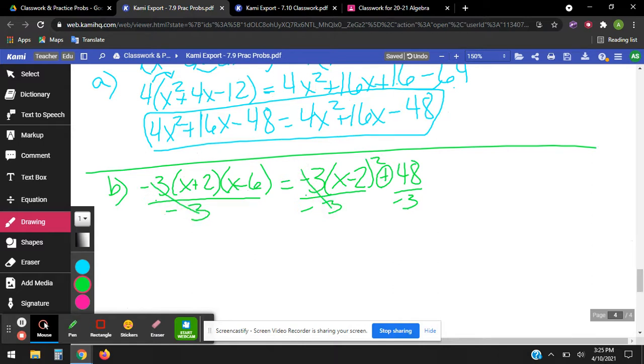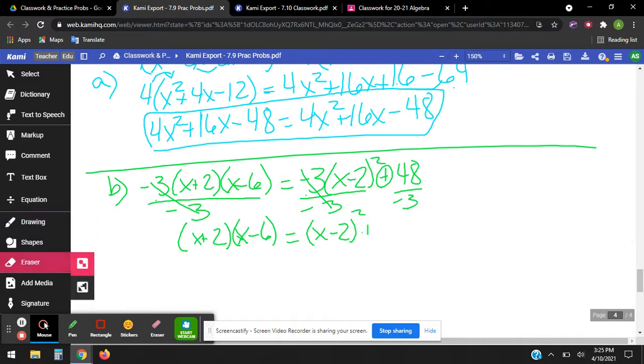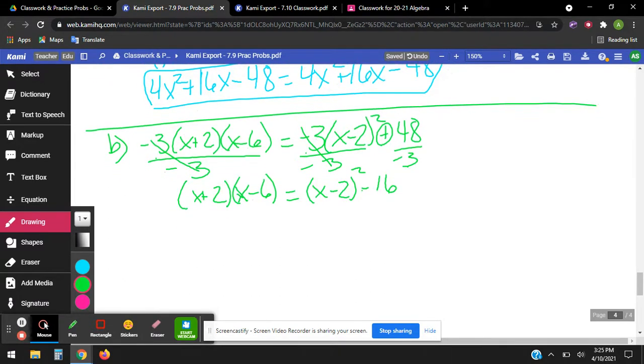Remember, these are separated by a plus sign, so I have to do it to each of them. Those cancel, those cancel. This leaves me (x plus 2)(x minus 6) equals (x minus 2) squared minus, I believe that's a minus 16, right? 48 divided by 3. Let me just double check this one. 48 divided by 3, 16. Okay. So let's multiply this one out.